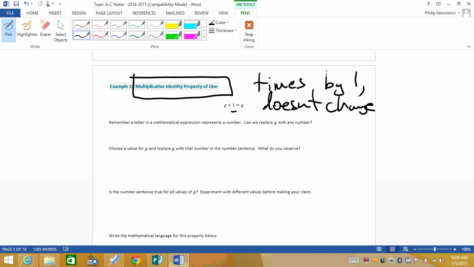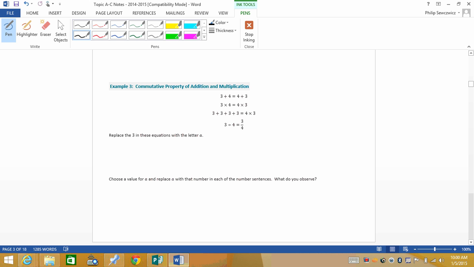So if it's always true, it is a property. We had our multiplicative identity property and our additive identity property. Think about that word identity: that's yourself. If you add 0, you get the same thing. If you multiply something by 1, you get the same thing as well.